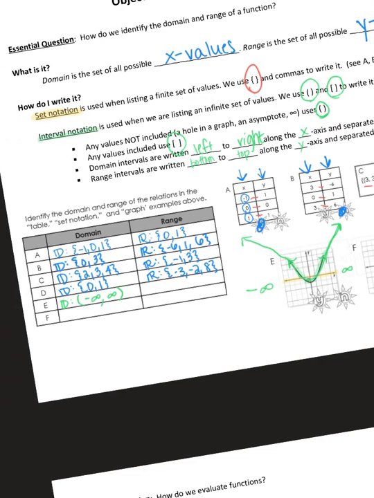Now for the range, we want to know what is the lowest possible y value for this graph and what's the highest possible y value. So for our range, we're going to look at the y-axis and the possible values there. So if we look at this graph, our lowest value here is right here at -1. That's as low as this graph will go. So it stops at -1.